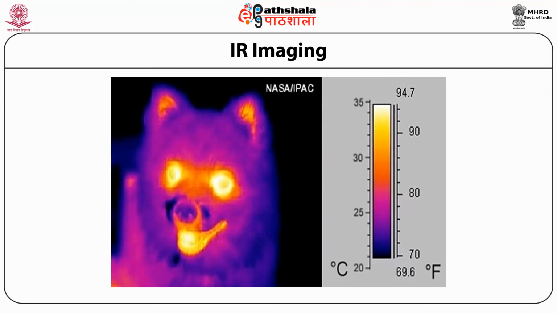The atmospheric window typically used in IR imaging is from 8 to 14 micrometers, and coincidentally, the power radiated from a black body at 300 Kelvin peaks around 10 micrometers, making it a perfect match.